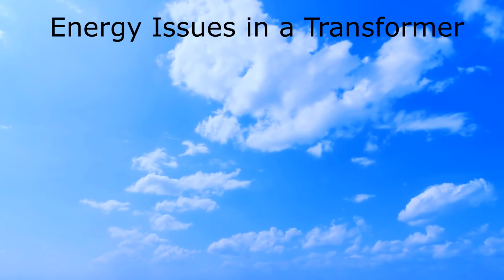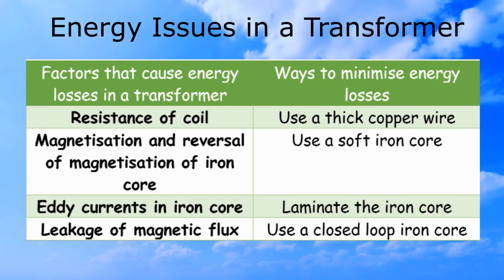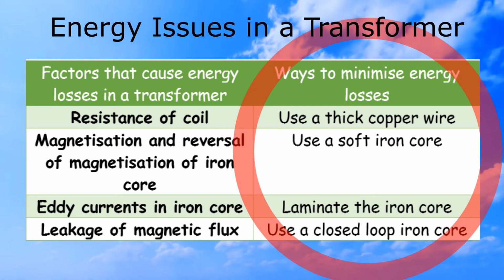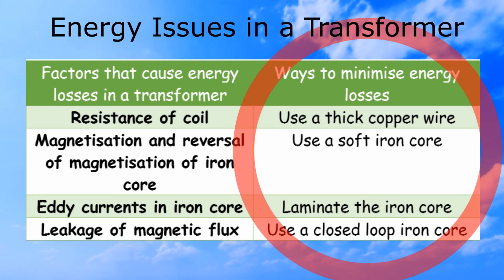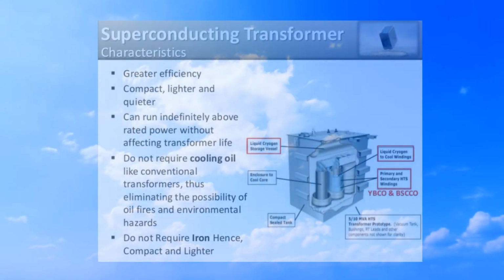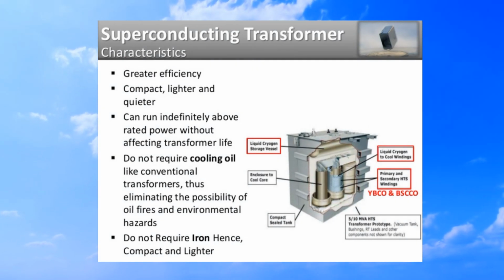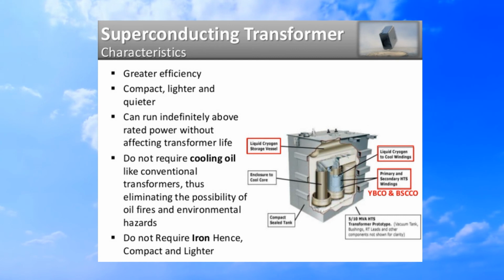Other than that, we looked at energy issues in a transformer. Here we looked at 4 main issues and also included modifications that can be done to a conventional transformer to reduce energy loss. To add on to these modifications, superconducting transformers, which are capable of increasing energy transmission efficiency, are also being used these days.